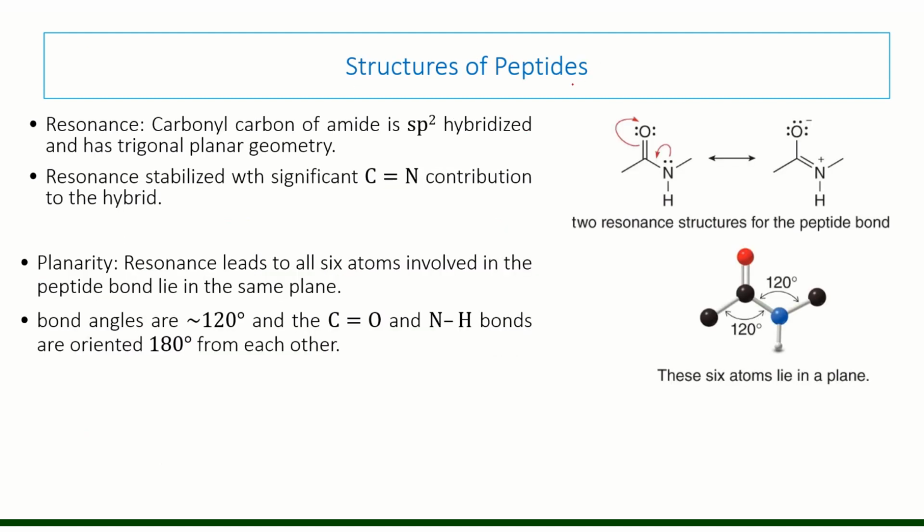The structure, you can see that the amidic bond has this resonance, of course, so there's a lot of C double bond character. So this whole system is planar. All six atoms here are in the same plane. And so that's why when amino acids combine to form peptides, the planar nature makes these peptides look a bit like ribbons.